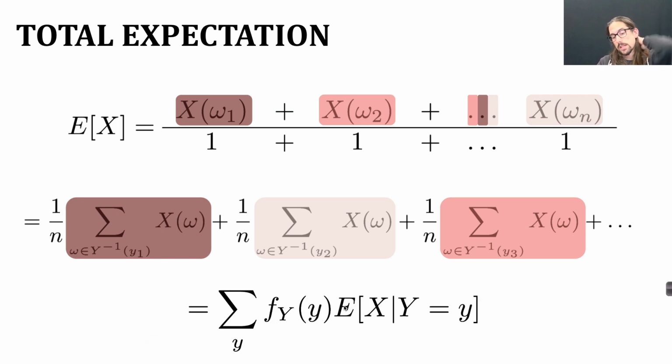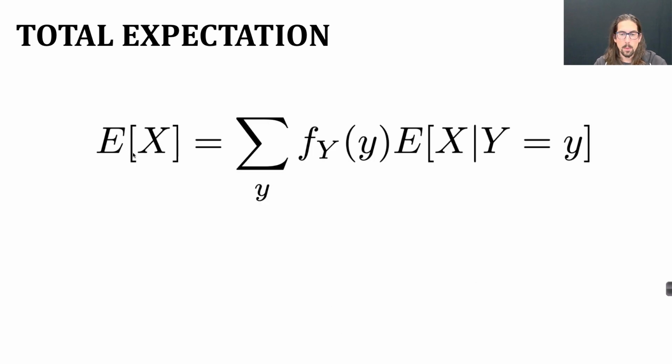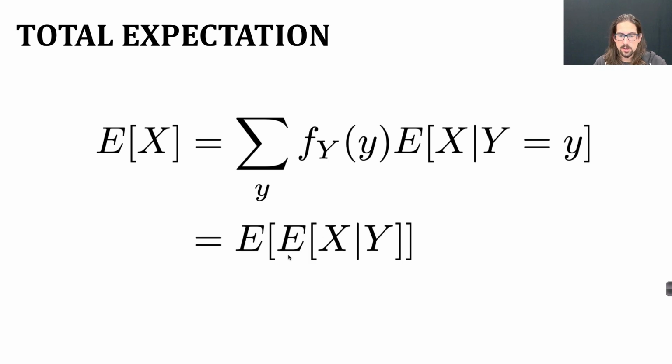So this is the marginal density of y times this conditional expectation. And you should recognize this as the expectation of this function. Okay, so this is a function of y, and this is just the expectation of that. So that is the expectation of this conditional expectation function, where the notation, again, like I said, you have to work with it a bit to follow exactly what's going on here.